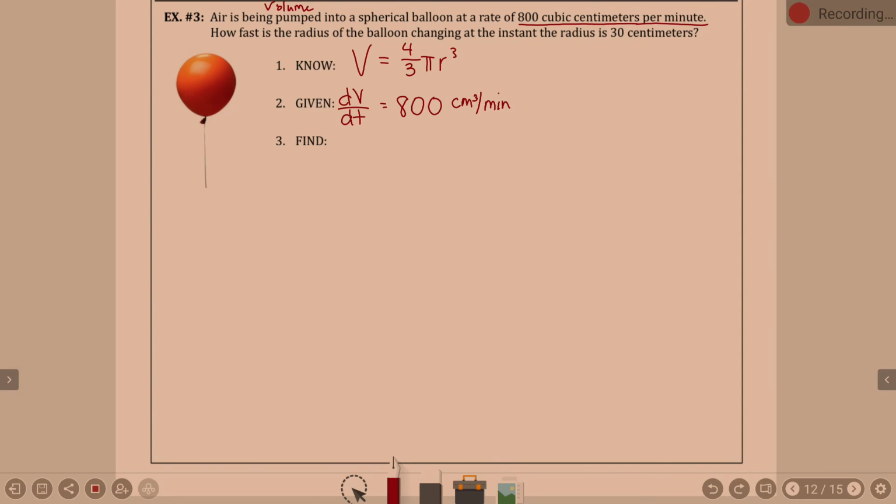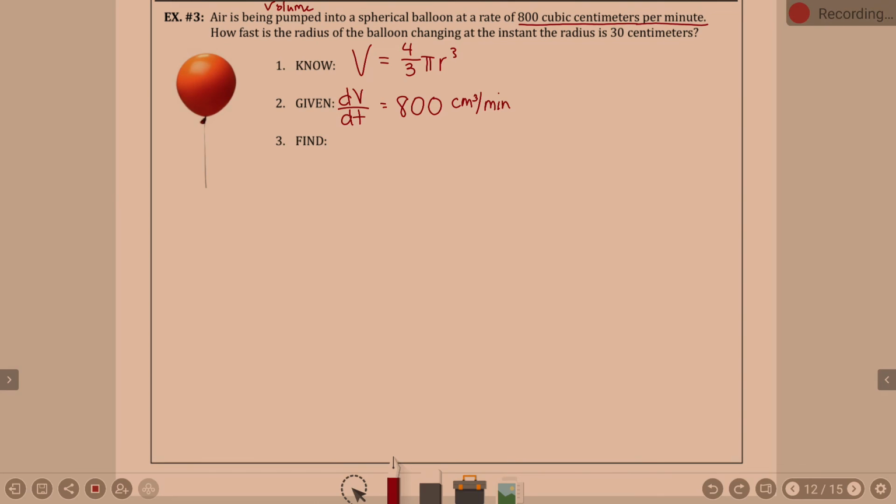Yes. Okay, r equals 30 centimeters. Save that r equals 30 for the part where we find. Notice, and just beware of this, because it's saying how fast is the radius of the balloon changing at the instant the radius is 30 centimeters? If you plug 30 in too soon, we're going to have a problem. Save it for when we're trying to find. So what is it we're trying to find?